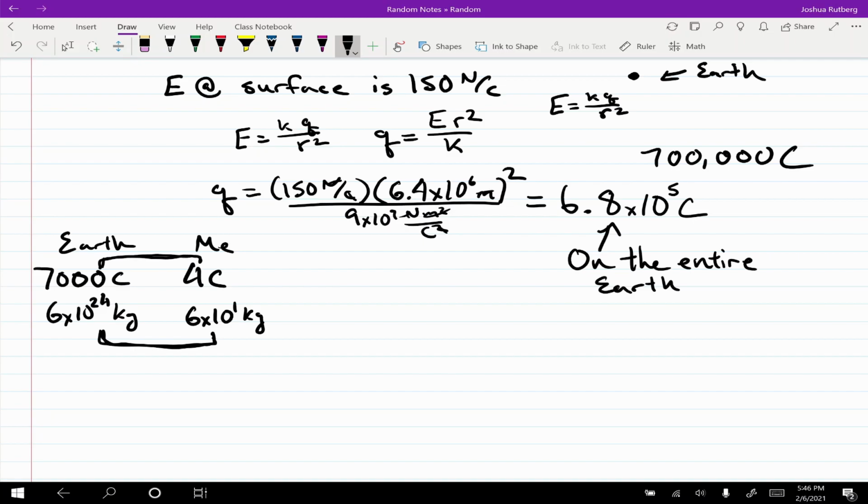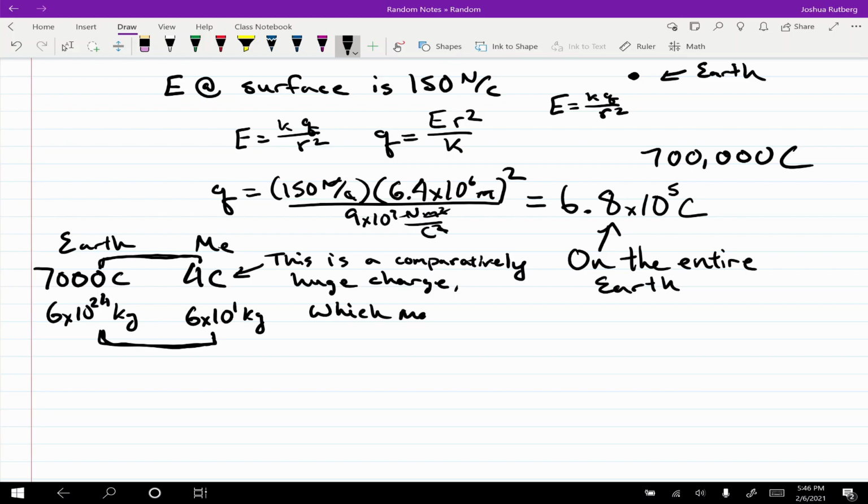So if the Earth has a charge like this, the charge on me is comparatively huge, which again supports my understanding that this isn't a thing that normally happens, which makes it reasonable, again, because this never happens.